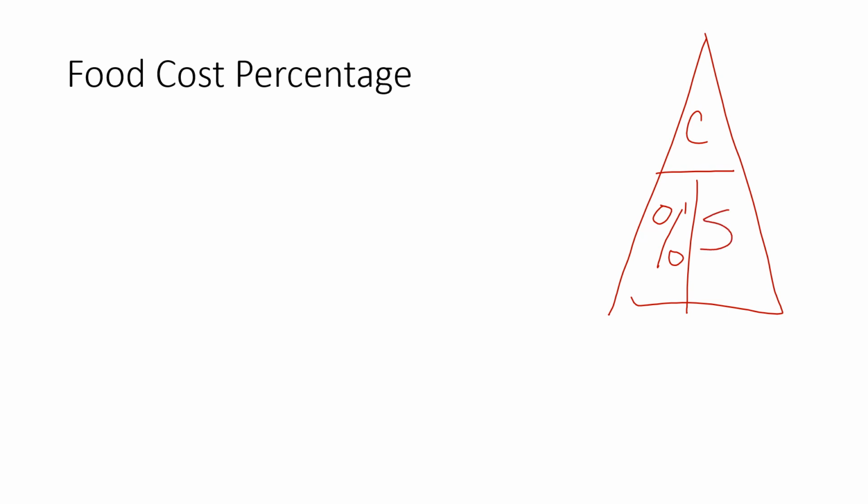In this case, we are looking for our monthly food cost percentage. Remember, we use this tool, we cover up what we're looking for. We're covering up our percentage. And what's left over is our cost divided by our sales. And if we remember, we go back and our food cost for the goods sold was $9,000.